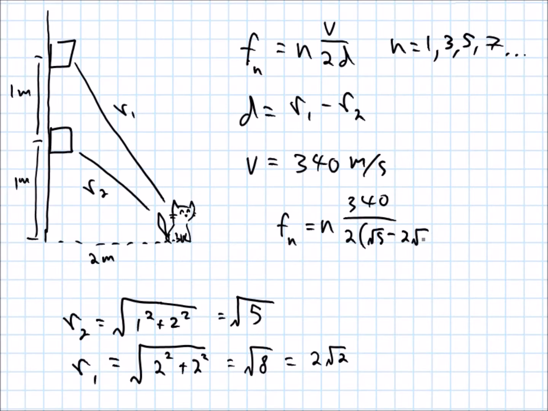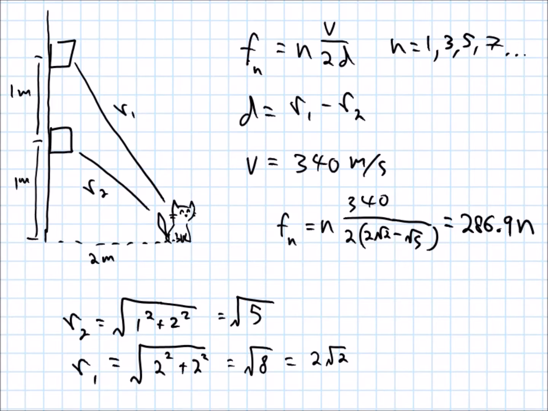I have this backwards, it's 2 root 2 minus root 5, right? Alright, so I'm getting around 286.9 n.